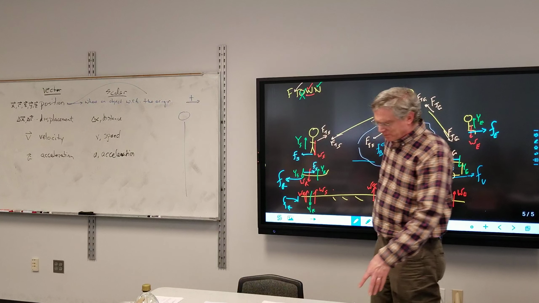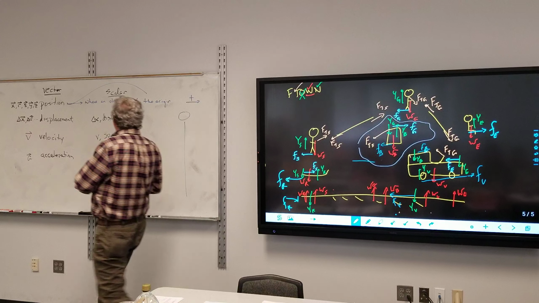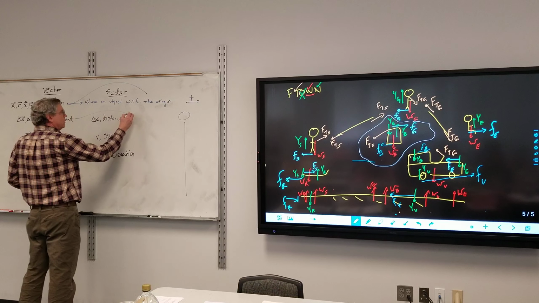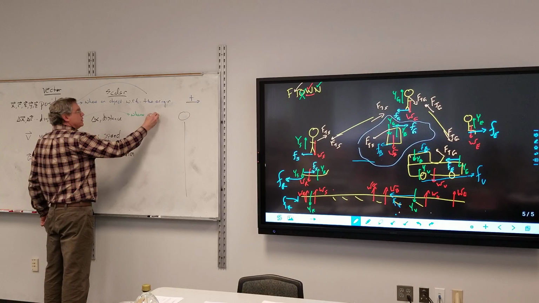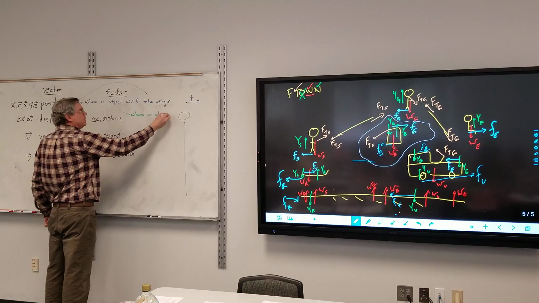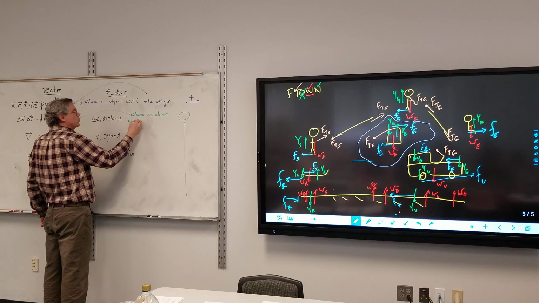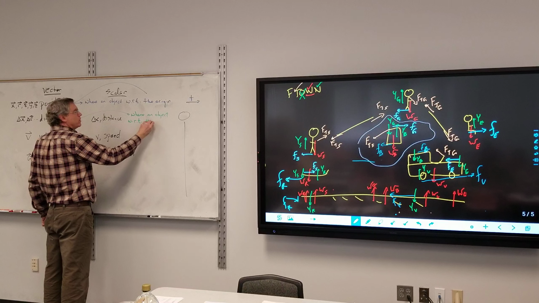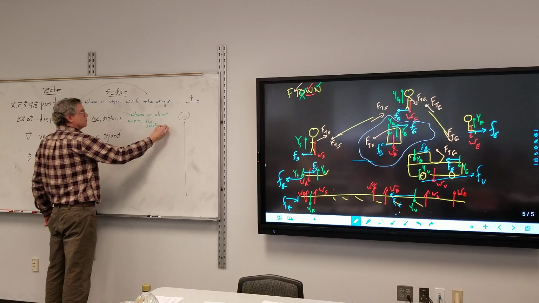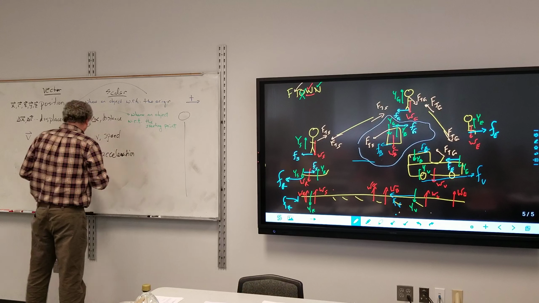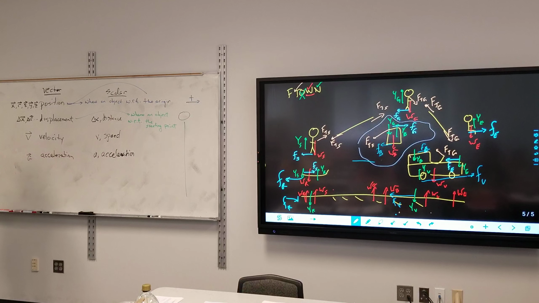Displacement. Where an object is with respect to the starting point. What's the difference between the starting point and the origin?